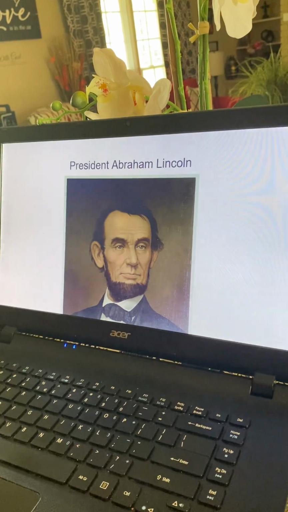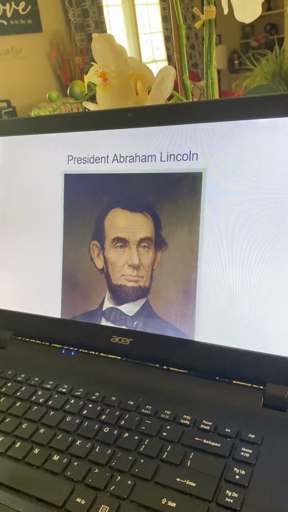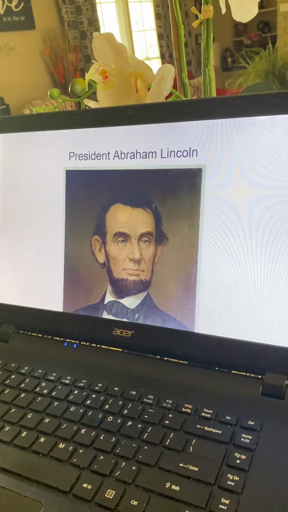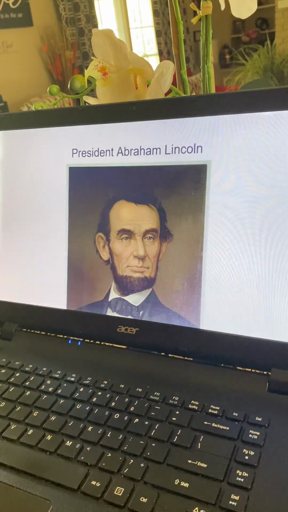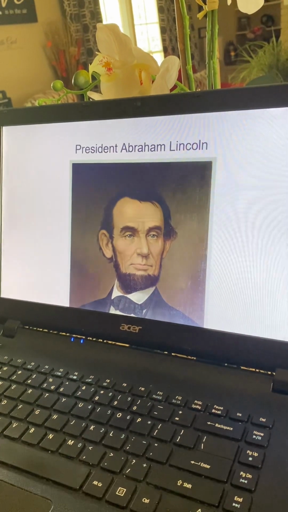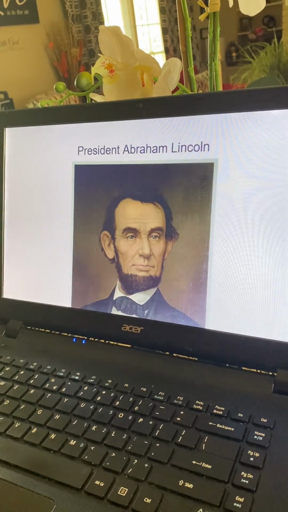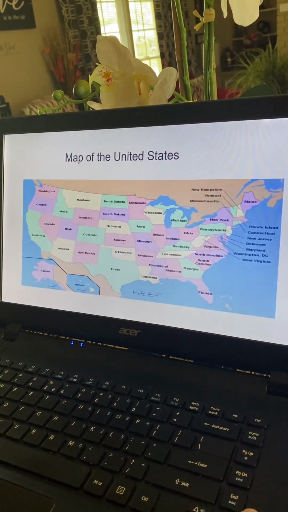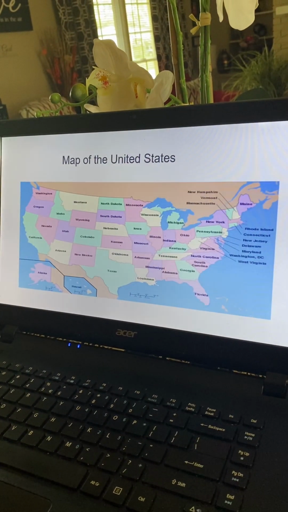President Abraham Lincoln. He's going to be my state representative that I'm going to talk about shortly, that I picked for the Rio Grande River. Okay. And this is a map of the United States of America.